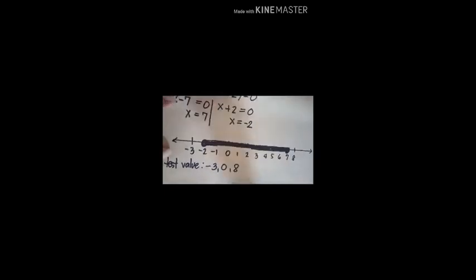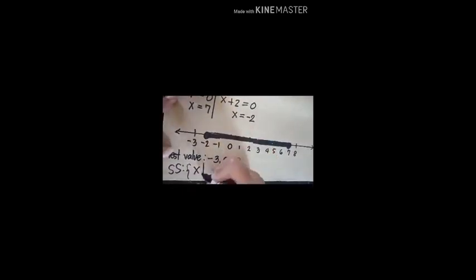So, we can write our solution set as the set of all x such that x is greater than or equal to negative 2 but less than or equal to positive 7. Okay?